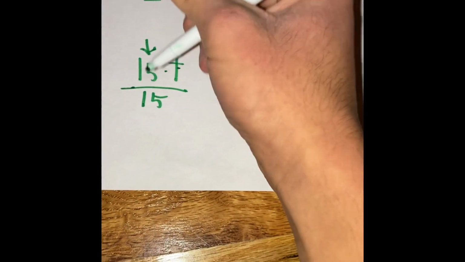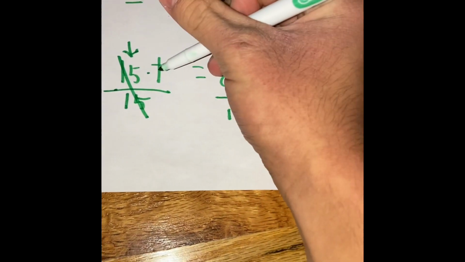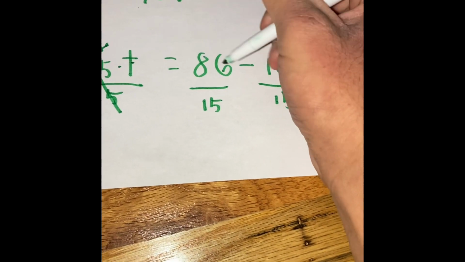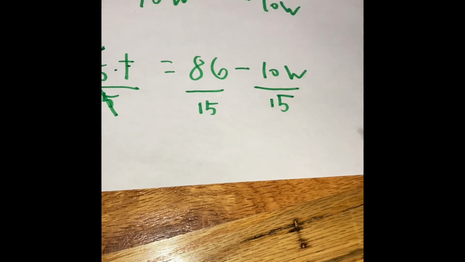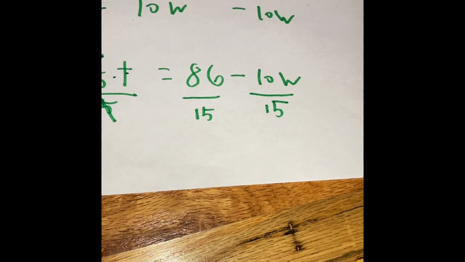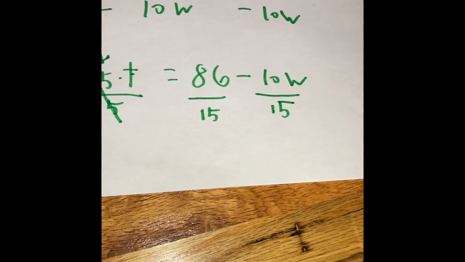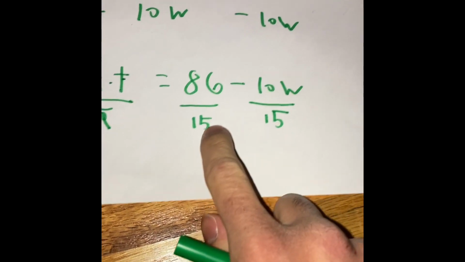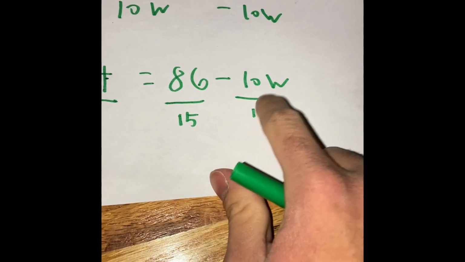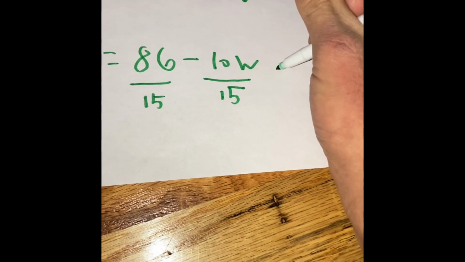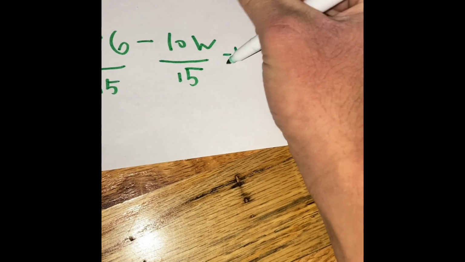When you do that, you get rid of the 15s, so t is all alone. So t is going to equal 86 divided by 15, which will become a decimal, and if you're in high school, the math teachers will want you to leave it as a fraction, minus 10w divided by 15.